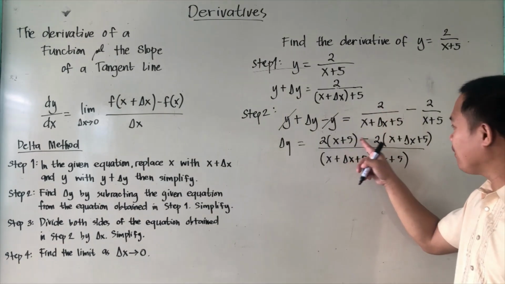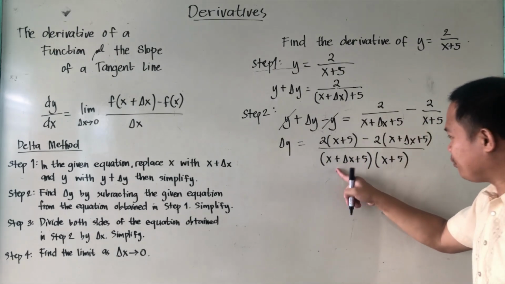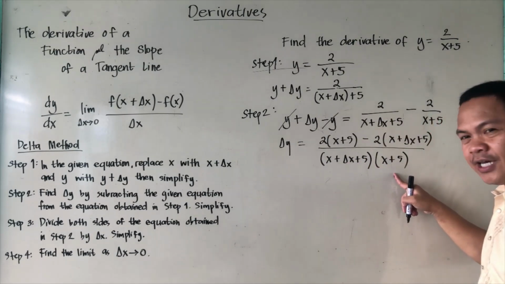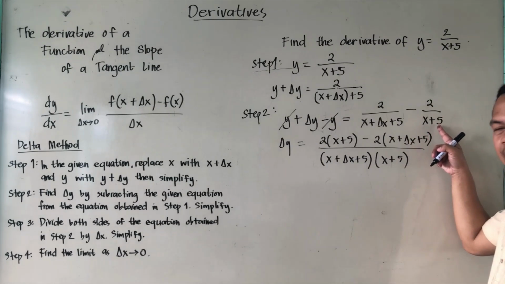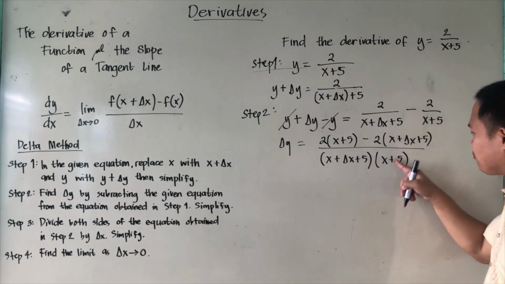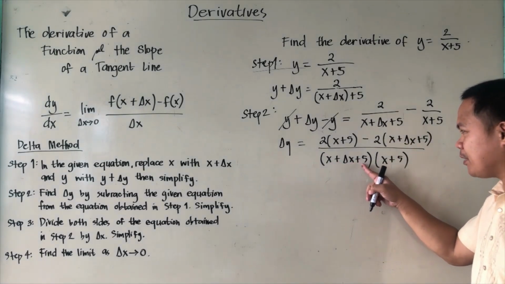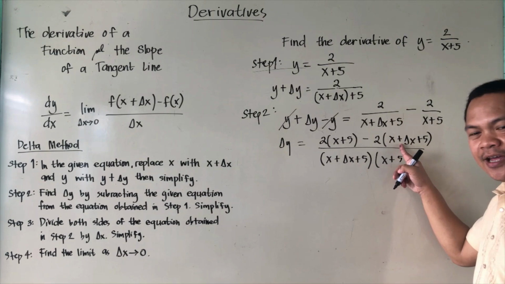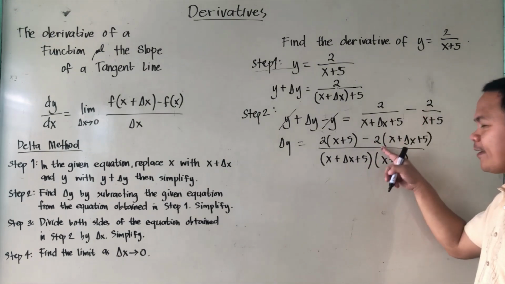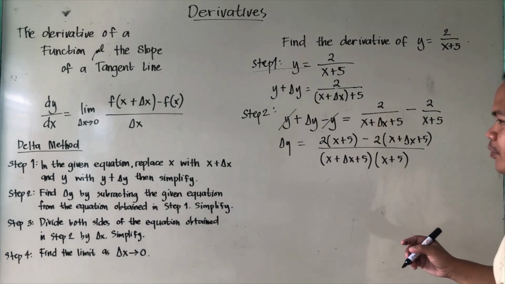So this is it. Minus, this is the LCD again, divided by x plus 5. So this x plus 5, cancel it. What is left? This x plus delta x plus 5. So here it is, and this is the 2. Now, I do hope that it is clear to you.